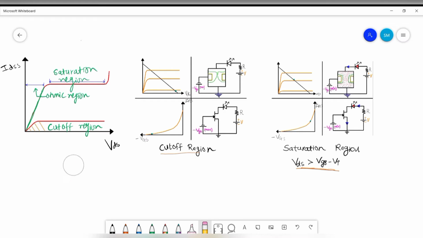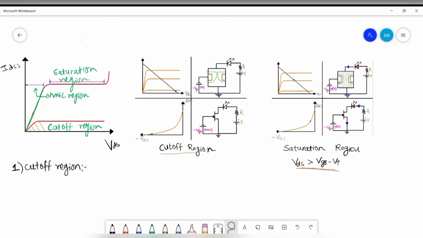Let's start first with the cutoff region, and we will try to highlight a few points based on our observation.